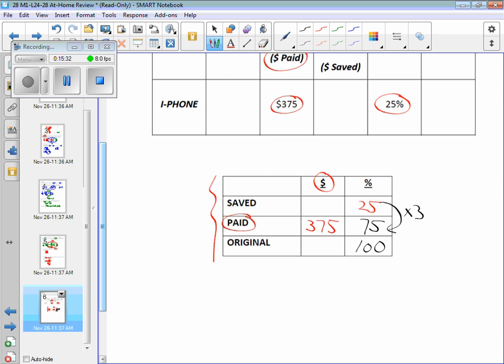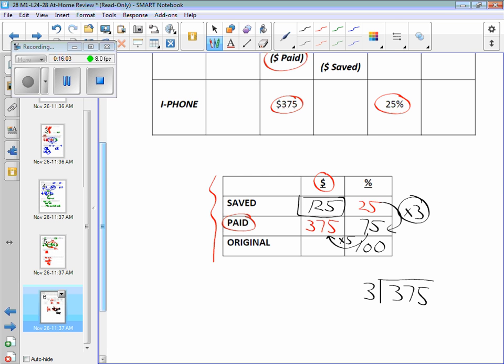If you wanted to, you can also go here, but you may not see this right away, but that's a times 5. So let's work with the times 3. You have to say to yourself, what number times 3 makes 375? Or 3 into 375. And if you go through the long division, that's going to make 125. That's the amount of money saved.